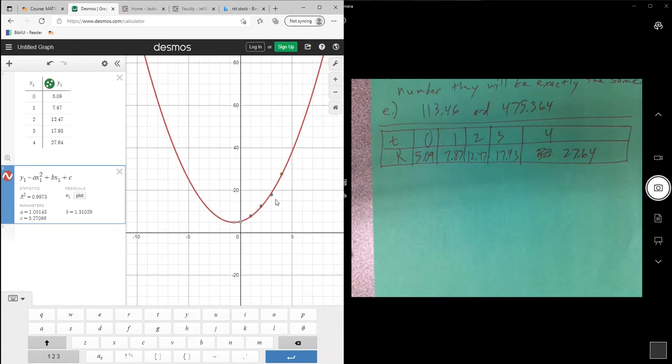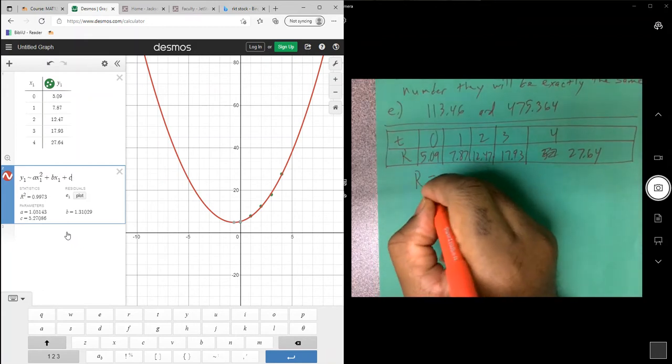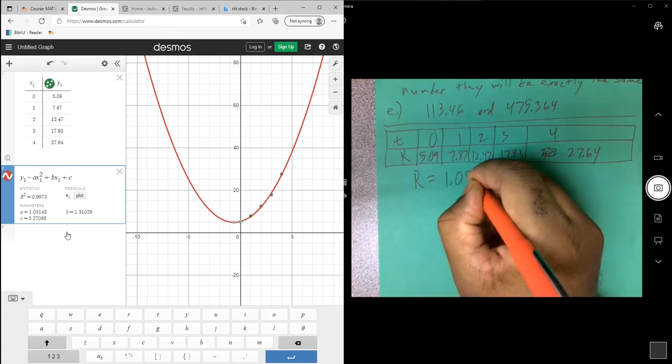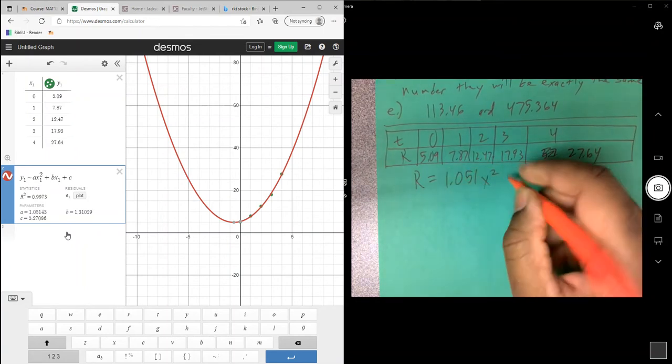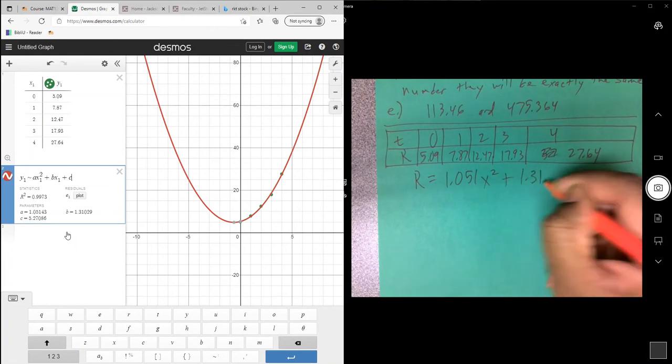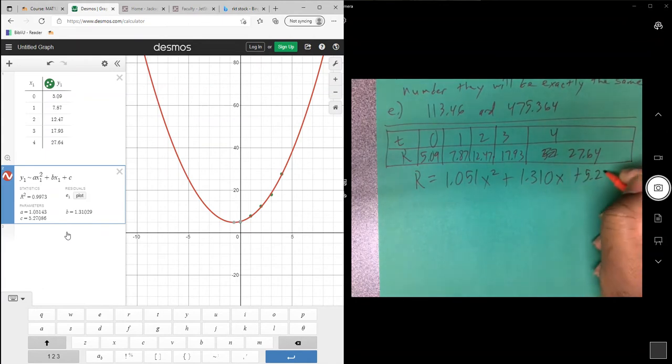Now it asks us to find the equation. So this is our equation, and they told us to round to, I believe it said 3 decimal places. Yes. All right. So we have R is equal to 1.051 x squared plus 1.310 x plus 5.271.